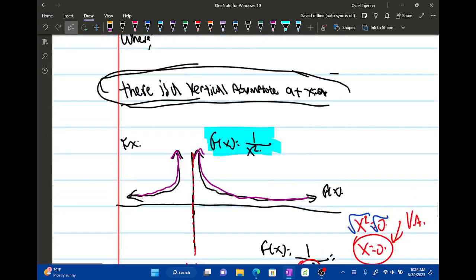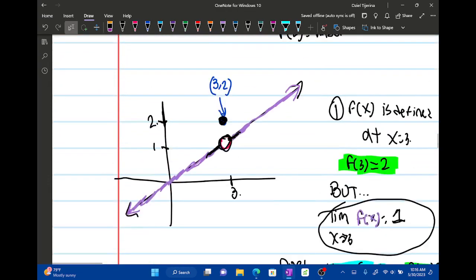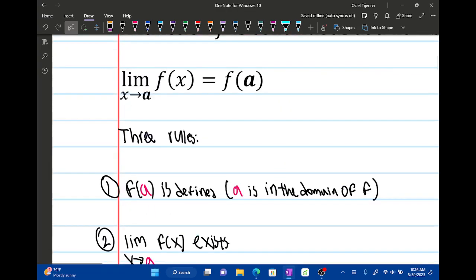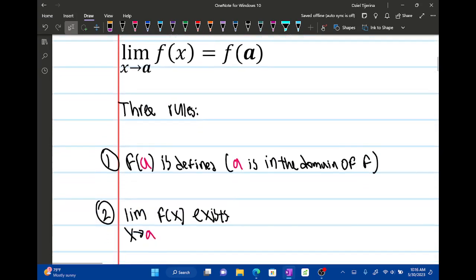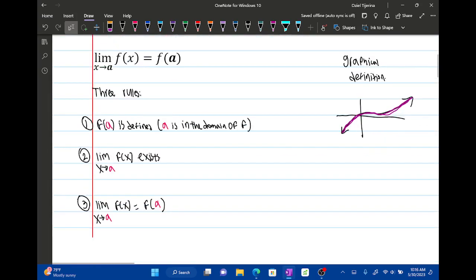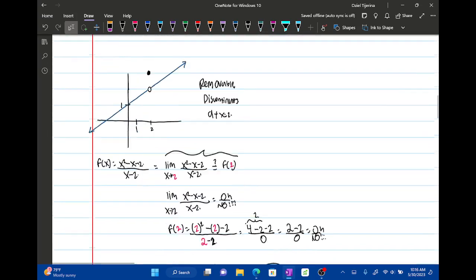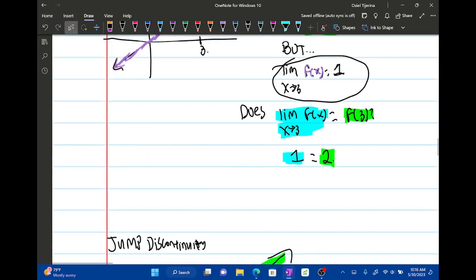And then the other parts that we discussed as well were the algebraic rules for continuity, and also what discontinuity means.